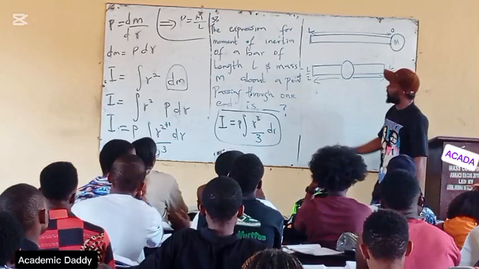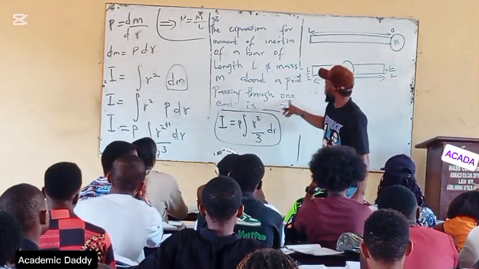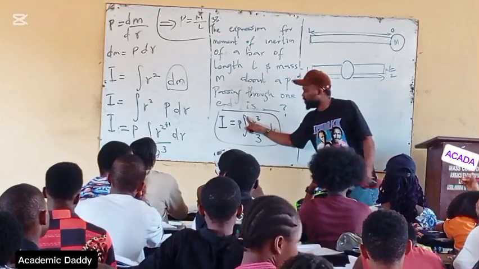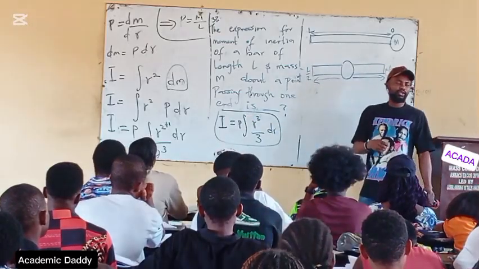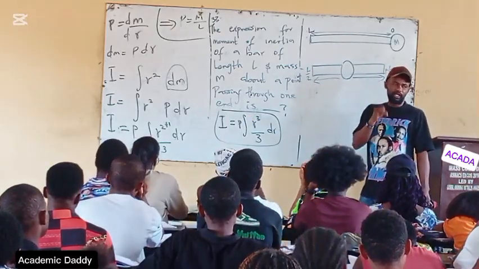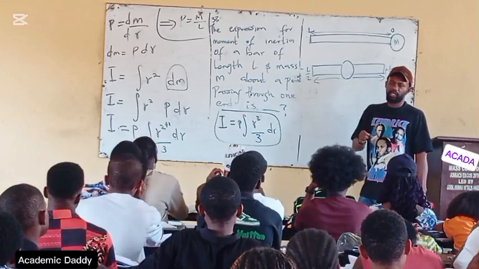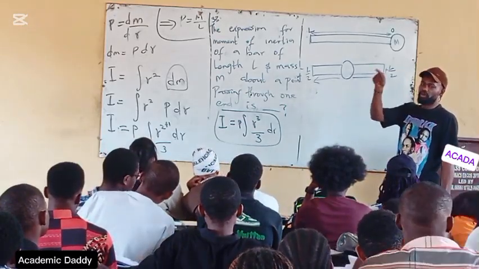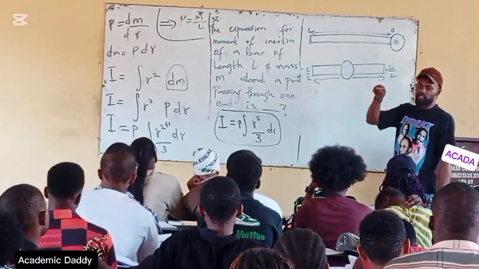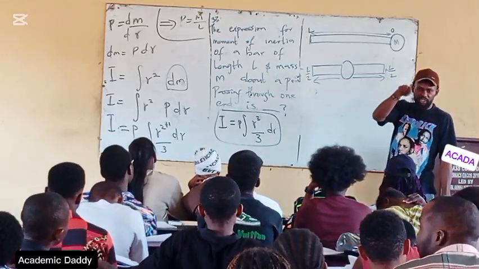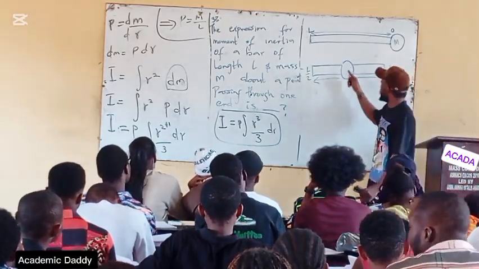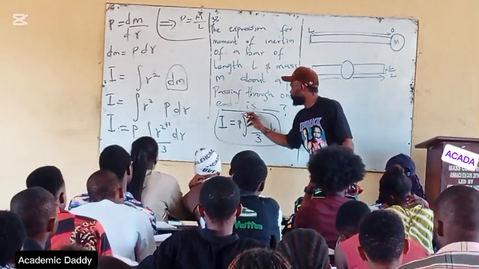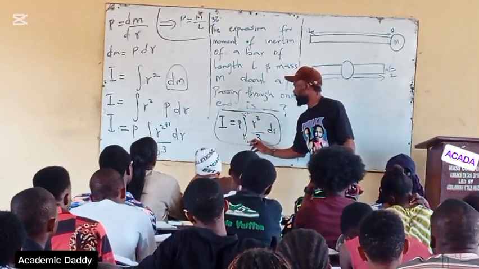So in a case where they tell you it is passing through one end, what you consider when integrating is this: in integration, you have the indefinite integral, where you put plus a constant, and the definite integral, where you have a range of values from this to this. Whenever you are passing through the center, the range will be from negative L over 2 to L over 2.